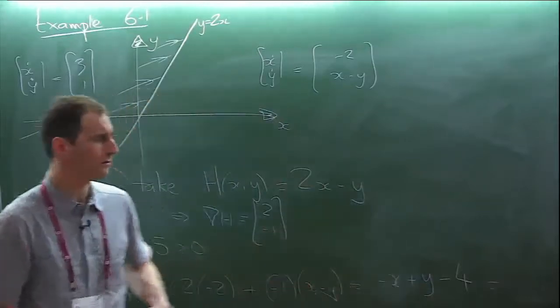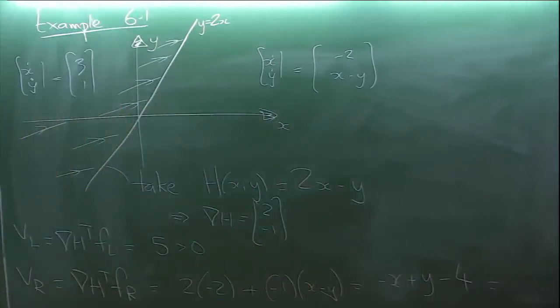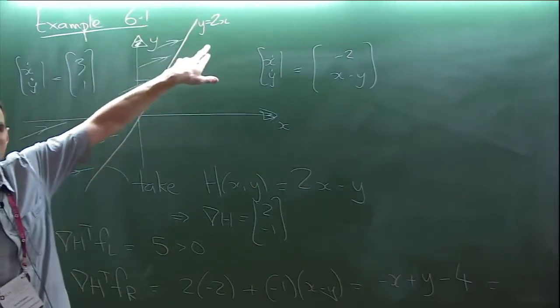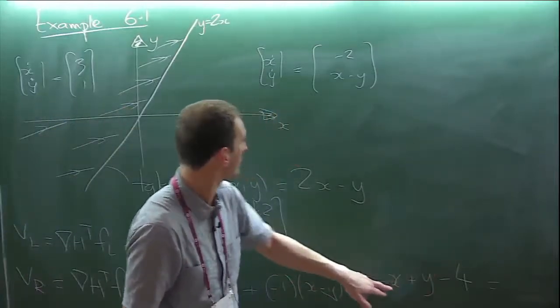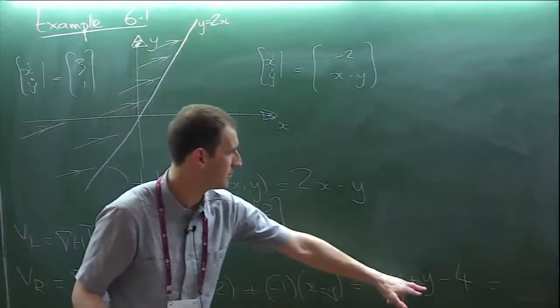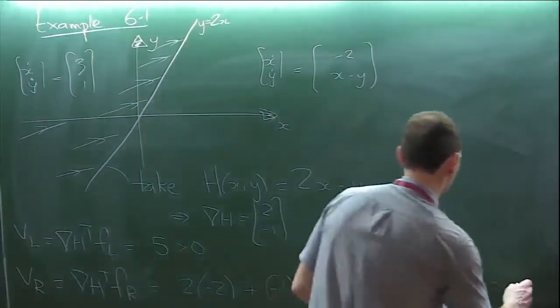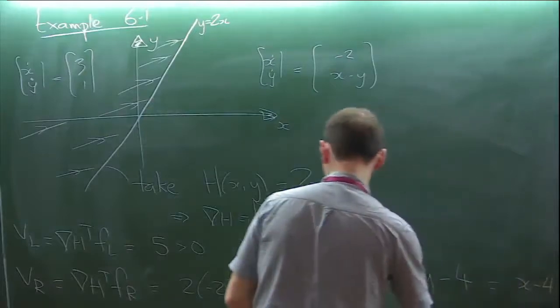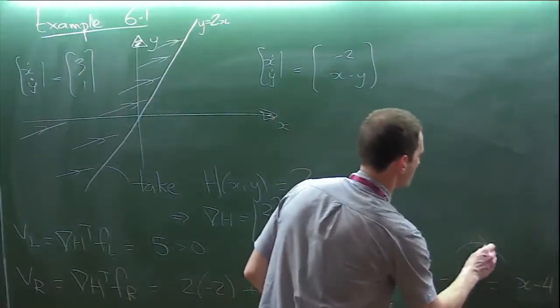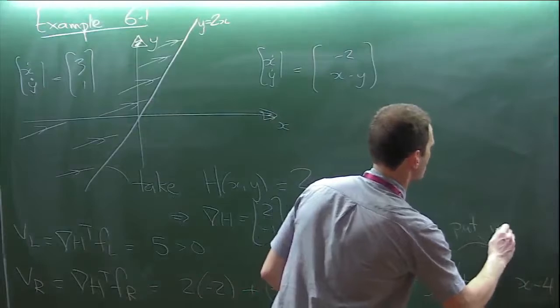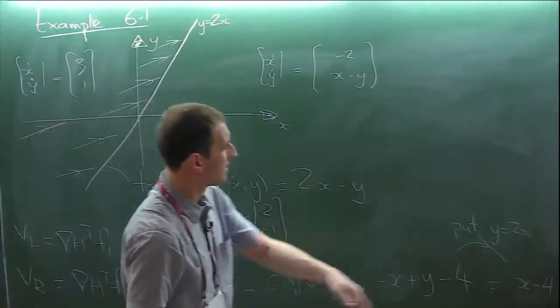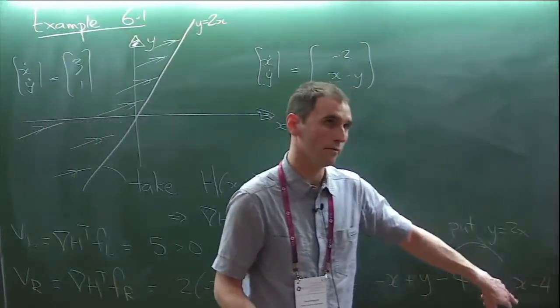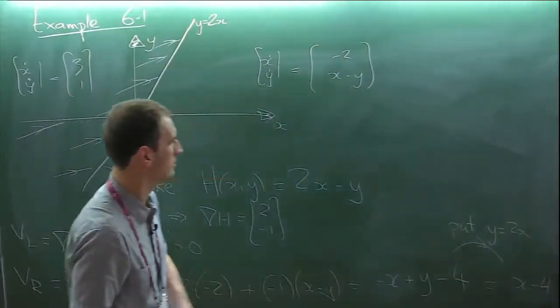Okay, so here's my VR. Remember, we only care about VR on the switching manifold. So I want to evaluate this on the switching manifold, so I'll substitute y equals 2x. Okay, so on the switching manifold, VR is x minus 4.